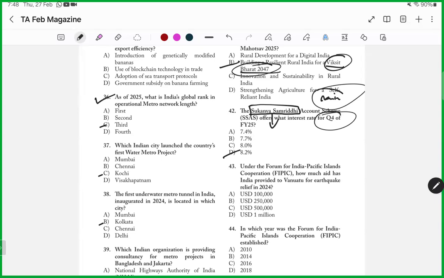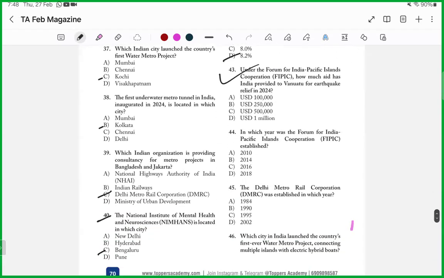All right. Then under the Forum for India Pacific Islands Cooperation, how much aid has India provided to Vanuatu for earthquake relief in 2024? C. All right, very good.